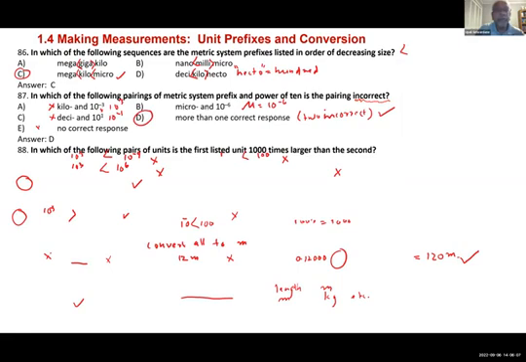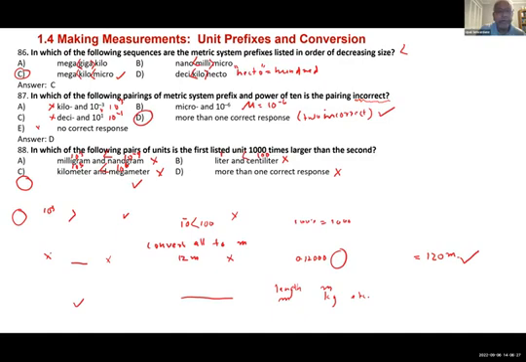In which of the following pairs of units is the first listed 10,000 times larger than the second? Three, no, that's more than 1,000. 1,000 is 10 to the 3.